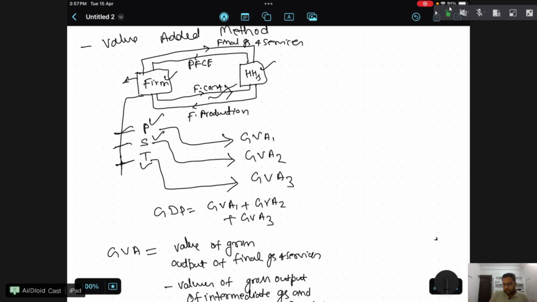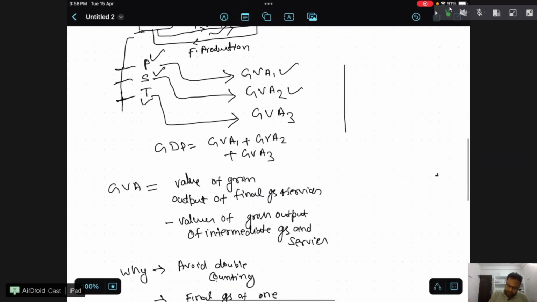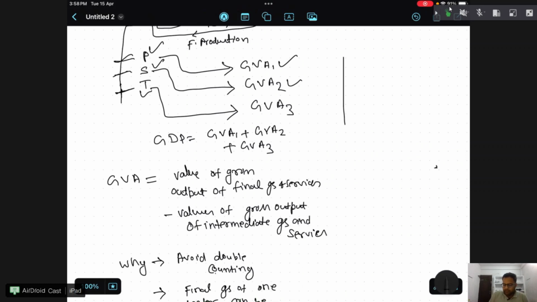For example, for the primary sector, total gross production is represented by GVA1, and for the secondary sector, total gross production is represented by GVA2. What is the gross value added? Gross value added is the value of gross output of final goods and services minus the value of intermediate goods and services.